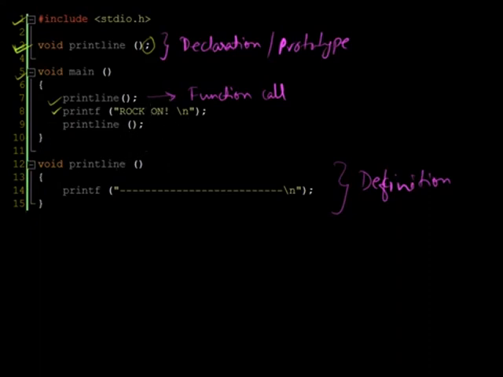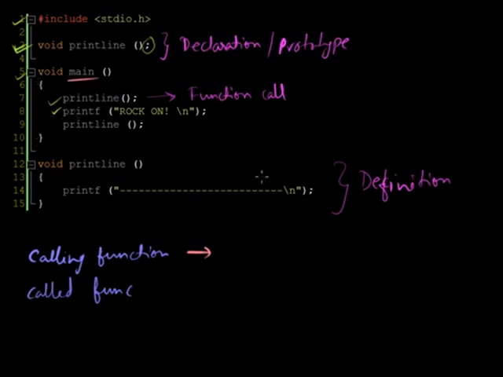Now few things to be noted are the calling function and the called function. Let me write here calling function and the called function. Now you must have guessed correctly that the calling function, from where the call originates, is main, because this call is originating from the context of main.